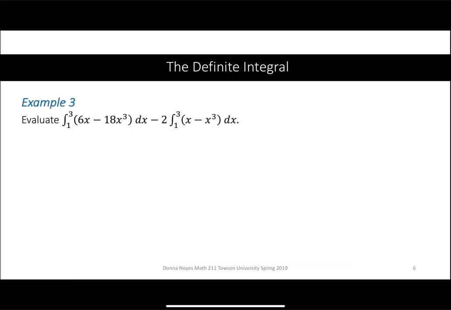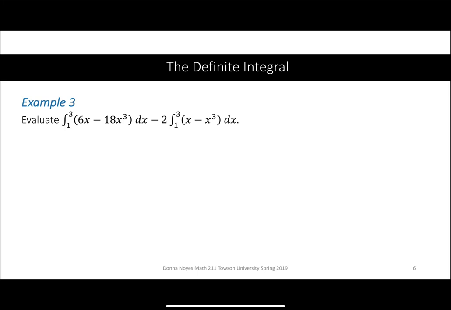The first example I want to look at with some of these rules is a definite integral from 1 to 3 of 6x minus 18x cubed. Then we subtract from that 2 times the integral also from 1 to 3 of x minus x cubed.